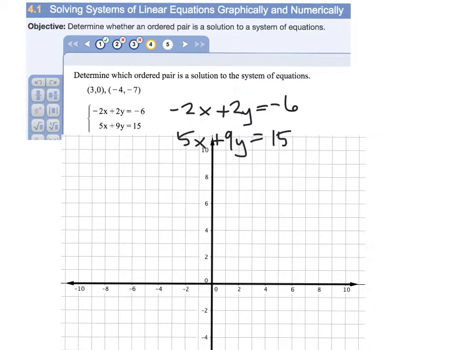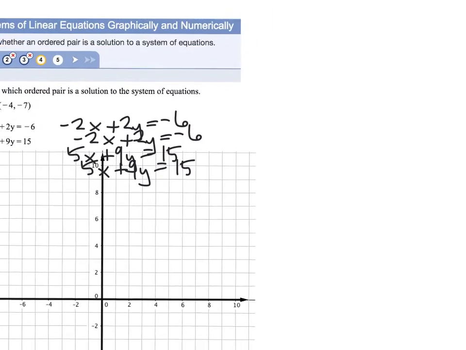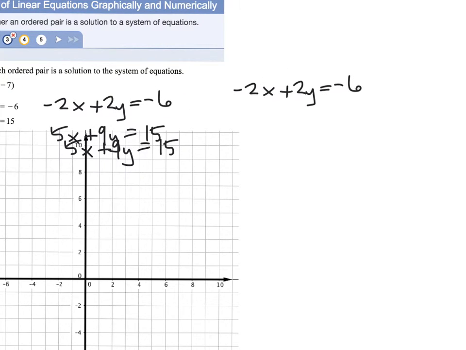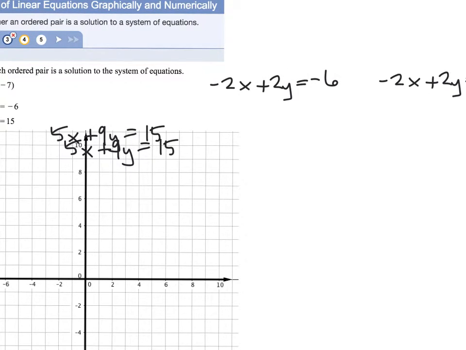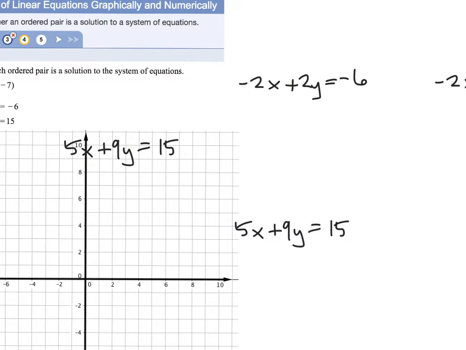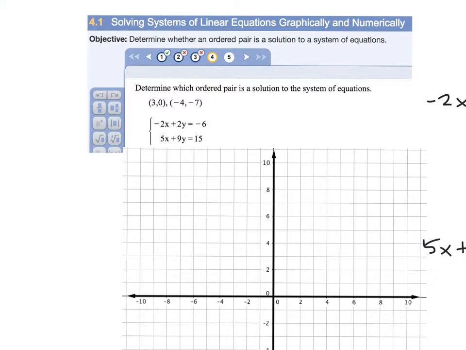So we have these 2 lines, and we want them twice. So we got one here, one here. Let's create a little bit more space. And then we've got one here, and we've got one here. And we want to see if 3, 0 works.